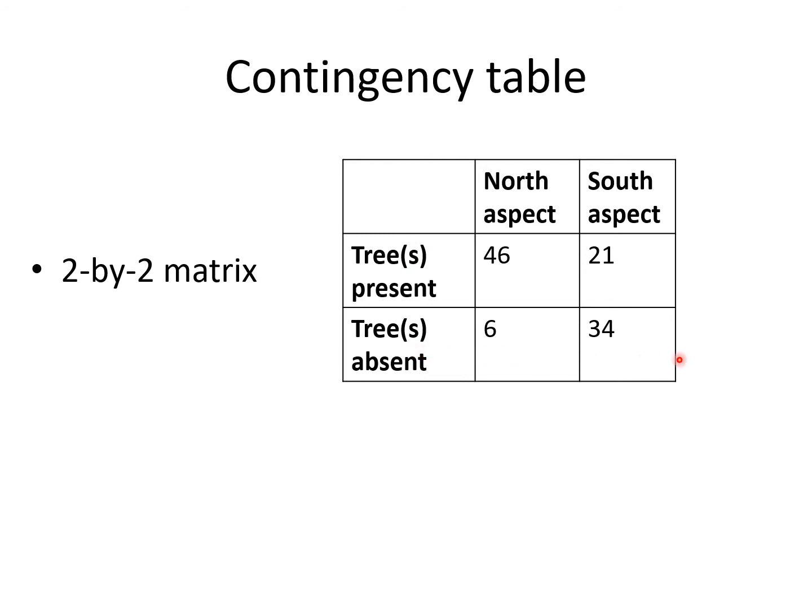Already we can see a very nice summary here. We can see that there are, for example, more trees present on the north than trees are absent from quadrats in the north. Okay, but obviously we need to analyze this formally to determine whether this result is maybe just by chance, or how likely it is to reflect a real pattern.